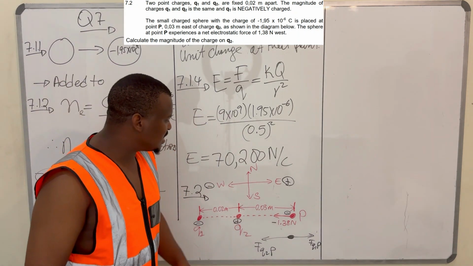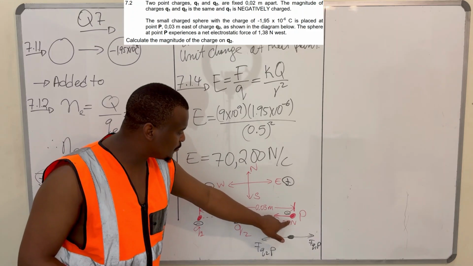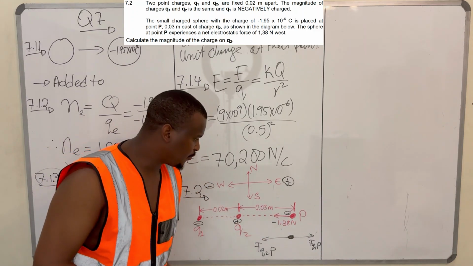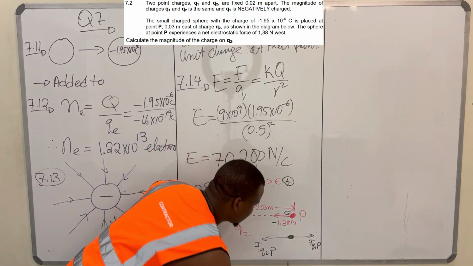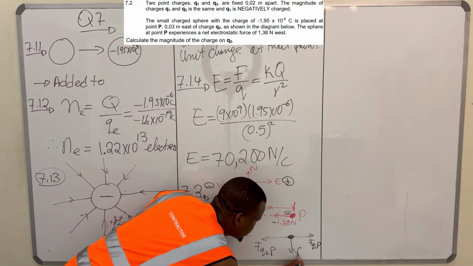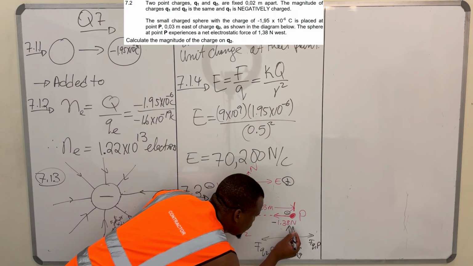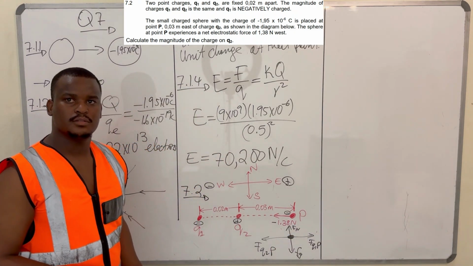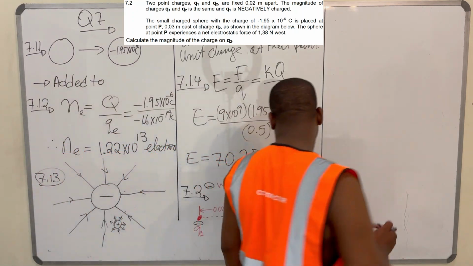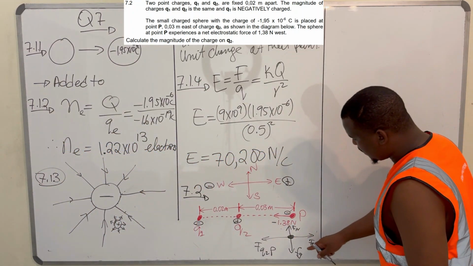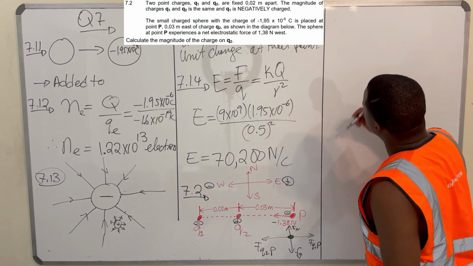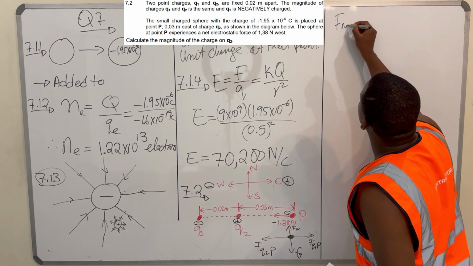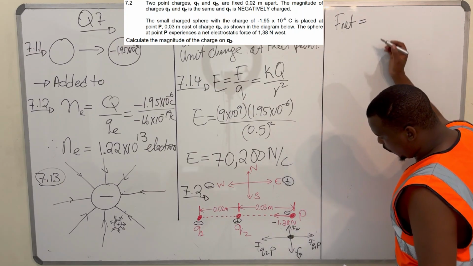So our net electrostatic force at P is a result of these two forces. Of course, if these forces are on the ground, you can say, okay, you have your force of gravity and maybe your normal force if they are placed on the ground. So now our net force here at point P, our F net, is a result of what?